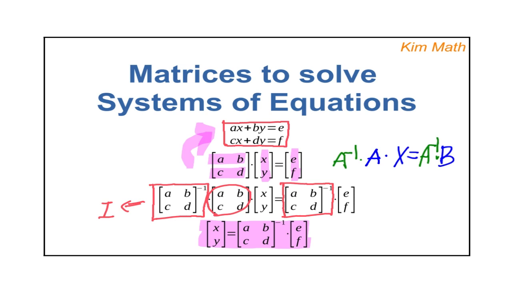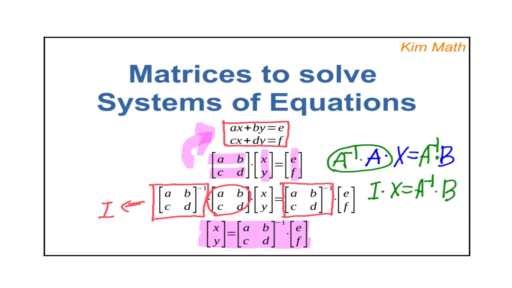Since the commutative property does not work in matrix multiplication, if you want to multiply A inverse to the left side of the left expression, then you must multiply the same matrix to the left side of your right expression. Okay? Now we know that the identity matrix times X is A inverse times B.